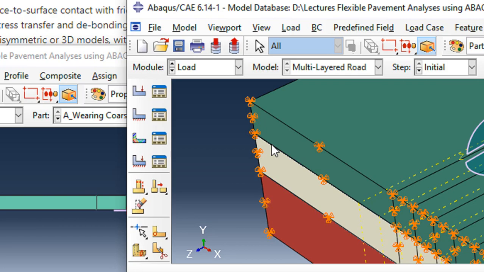And sometimes ABAQUS allows us to use tied contacts if there is no slip, or frictional contact as relative movement control. There's also another aspect. Although it is not recommended, using cohesive elements or interface elements could model potential delamination or shear transfer if you are studying sub-modeling.